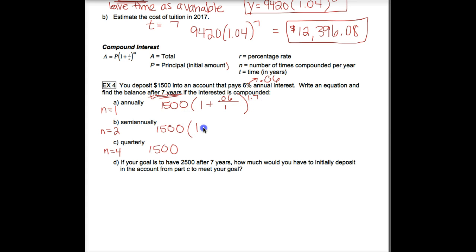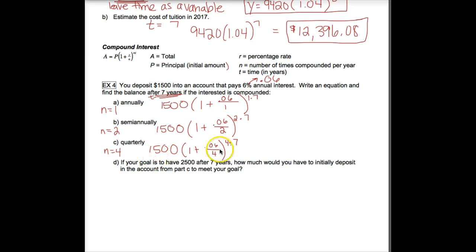Down here I'm going to be doing 1 plus 0.06 over 2, because it's semi-annually, to the 2 times 7. Down here 1 plus 0.06 divided by 4 to the 4 times 7.